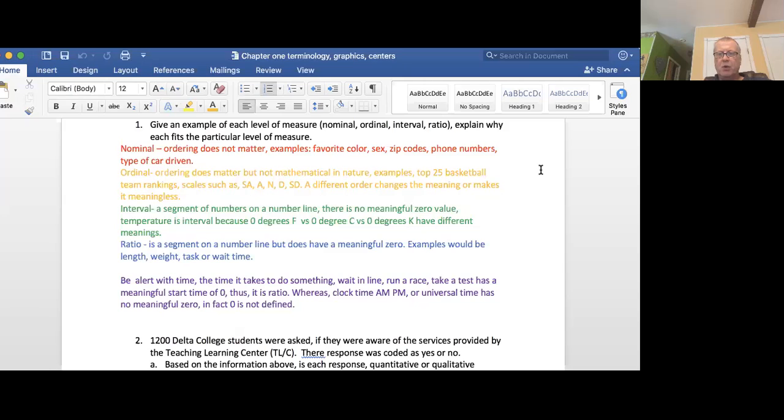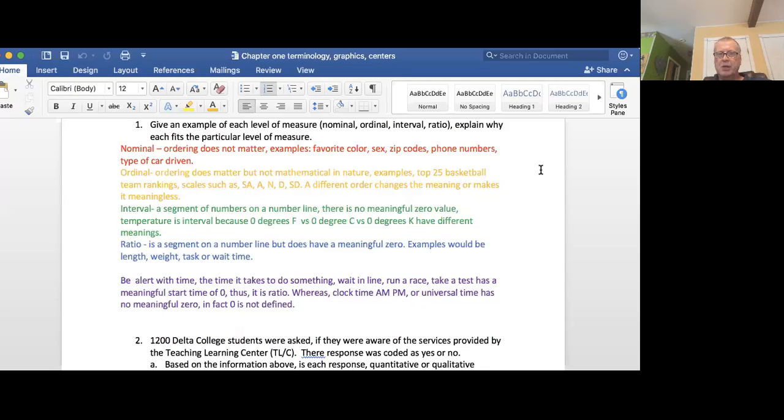The other type is qualitative or categorical. This would be non-numeric, even though they might have numbers associated with them. They are not really numbers you do math with. So for example, your zip code. Nobody adds up a bunch of zip codes and then calculates an average for them. That makes no sense.